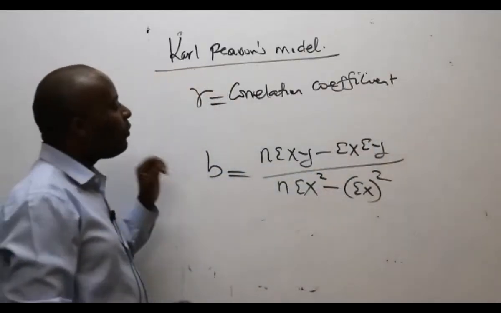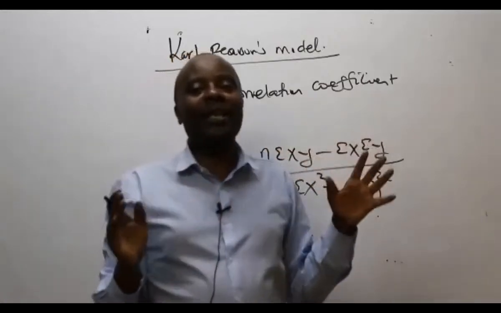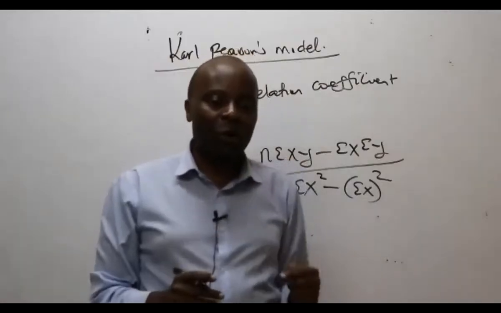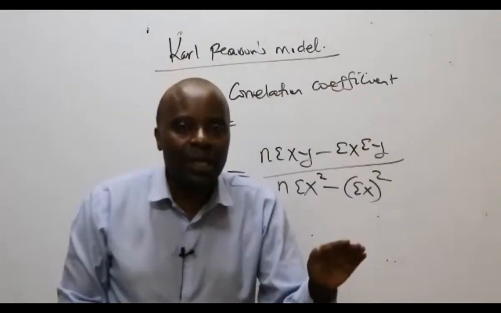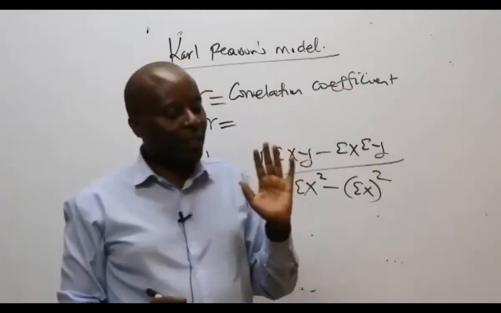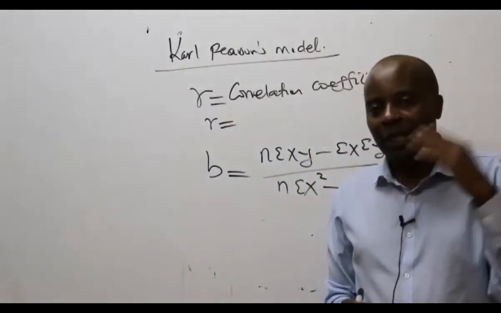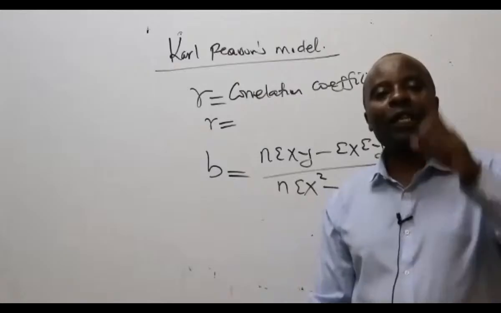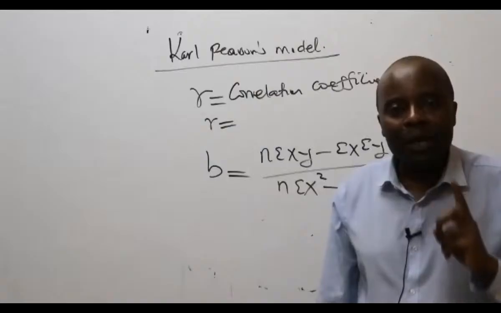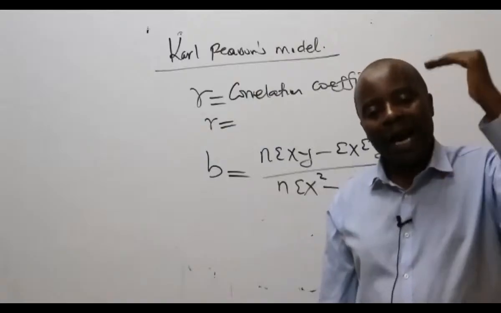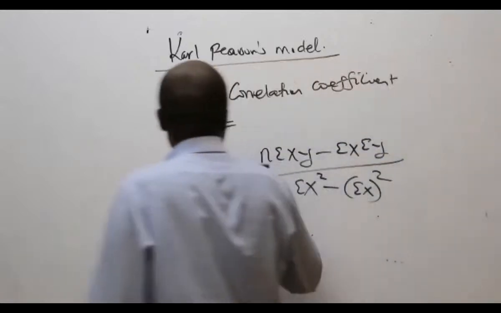I may forget many things about these formulas, but one thing that will never escape my memory is that the numerator of R and the numerator of B are the same.